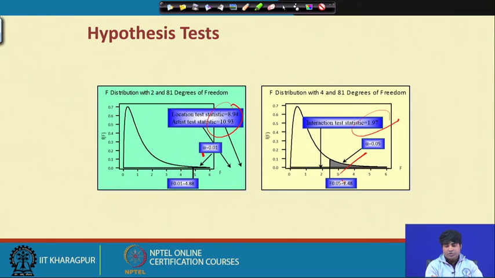As a result, we are not in a position to reject here, but in the other cases your calculated value is overtaking the critical value, and hence we are rejecting. So, the location effect is there and the artist effect is there, but the interaction between location and artist is not statistically significant here.